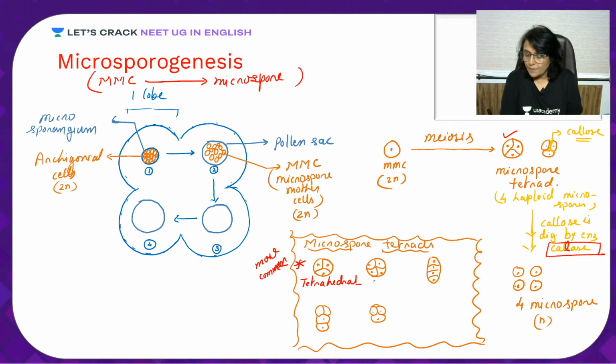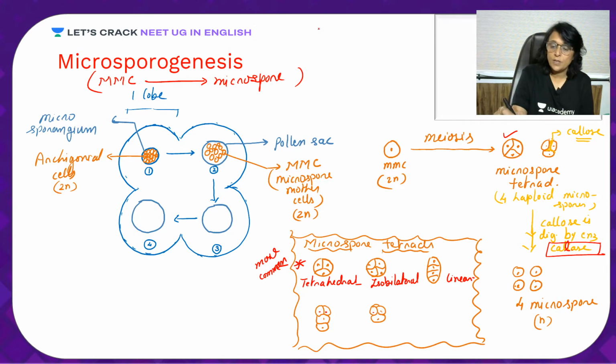The second one is known as isobilateral. The third one is very simple. It is called the linear one. Let us not forget to draw the nuclei, because these are all haploid cells. So tetrahedral is the most common one, which is seen in most of the angiosperms. And why are we using the term angiosperms here?